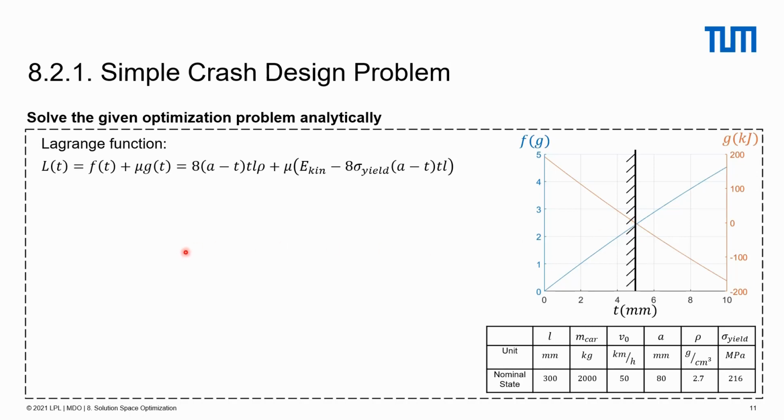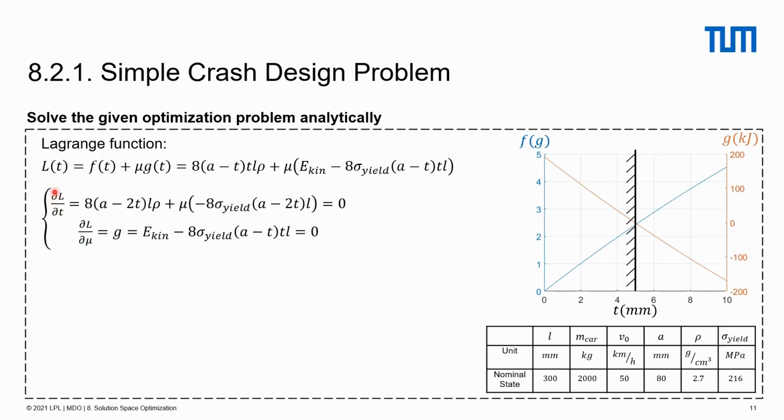And we can solve this optimization problem with the help of the Lagrange function. It is L equals F of T plus mu times G of T, and we will get this. The conditions are the derivative of L with respect to T must equal 0, and the constraint is active.